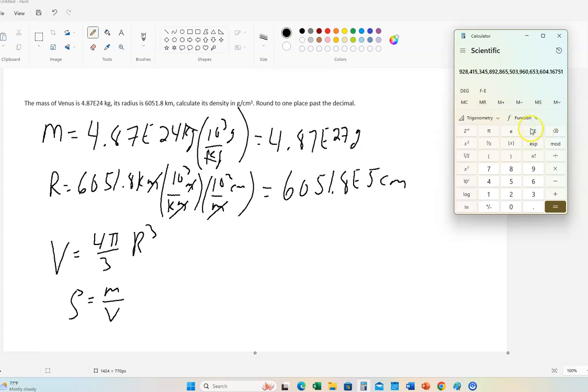All right, and then what I'm going to do is take the mass, which is 4.87. All right, so 4.87 times 10 to the 27th, right?